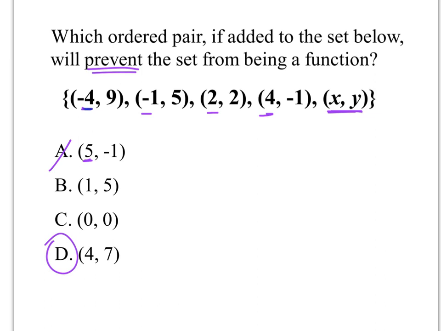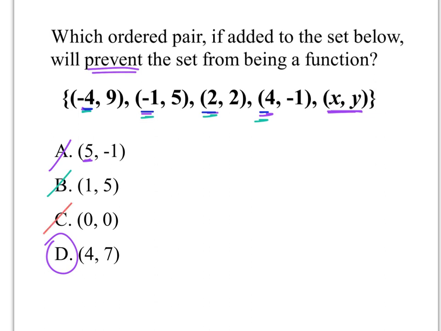I look at the x values, I don't have any 1s, so if I put in 1, 5, none of my x values would repeat, so it would still be a function. C, 0, 0. I don't have any x values of 0, so I could put 0, 0 in for x, y, and it would still be a function. I wouldn't have any repeating x's.